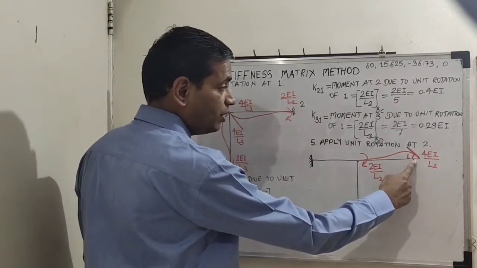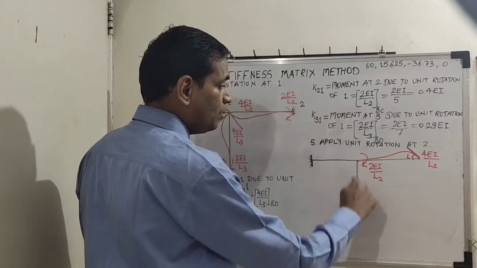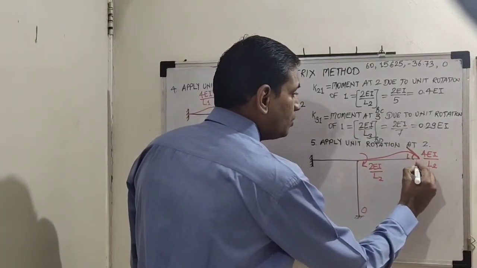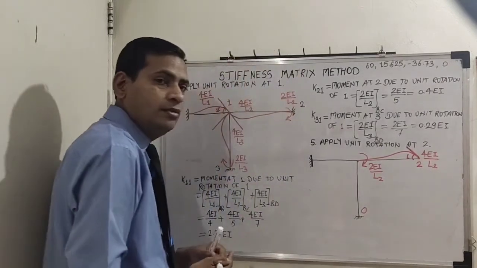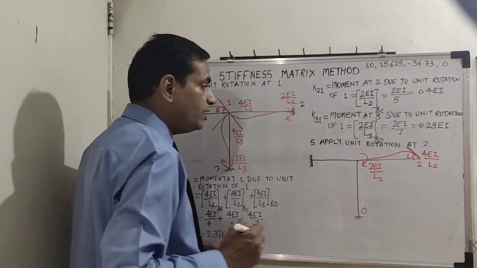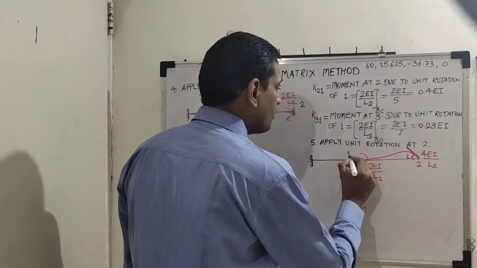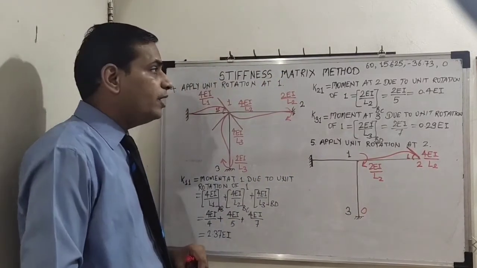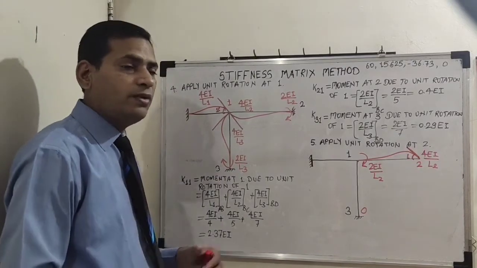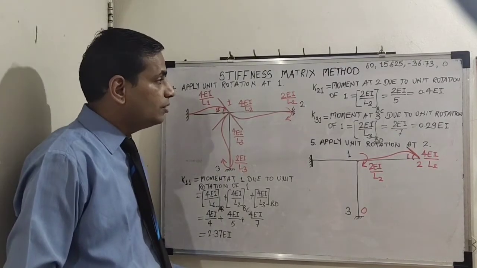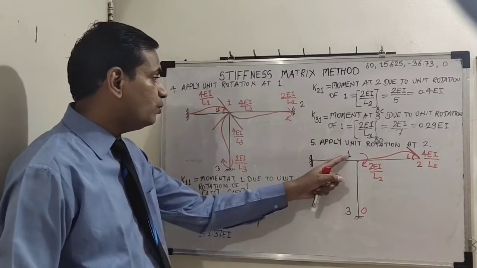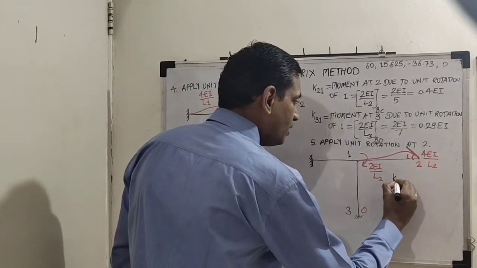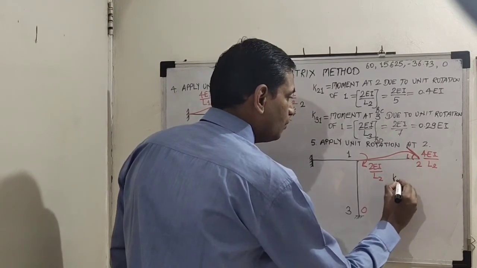This is undergoing rotation. These two are fixed. Okay, so we applied rotation on location 2. Locations 1 and 3, both rotations are made 0. So I will now write directly K values one by one. Let us start with location 1. K12. Why K12?